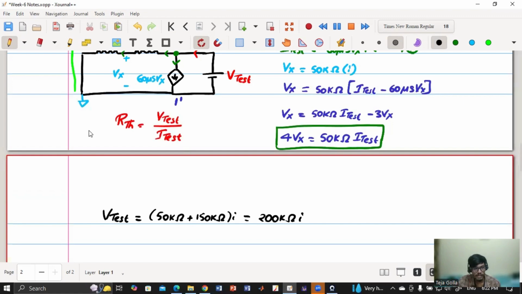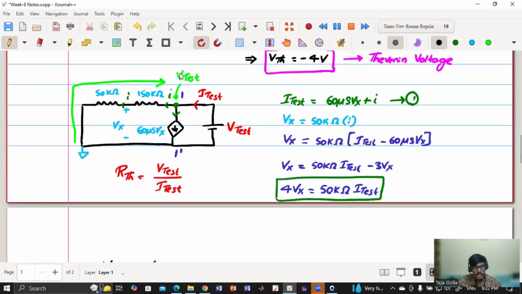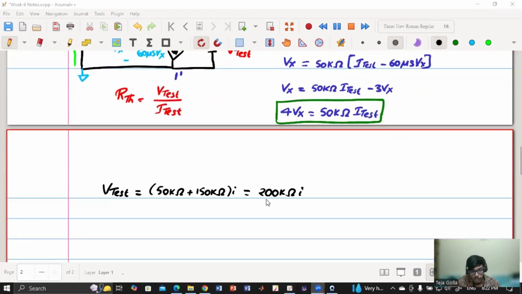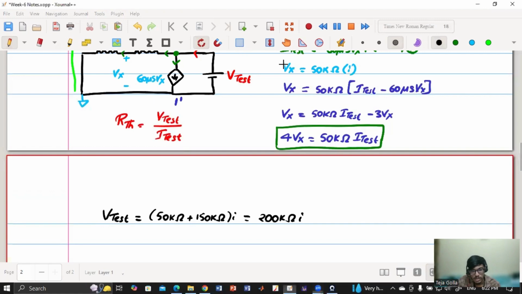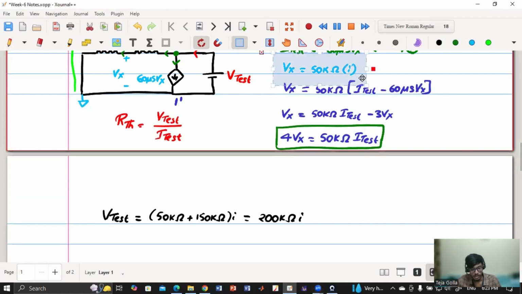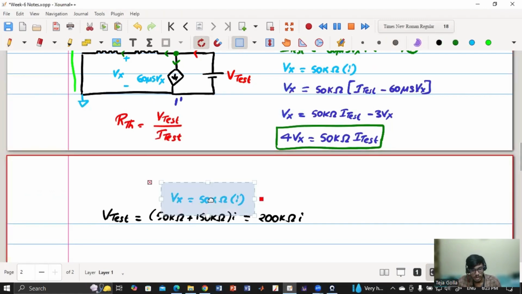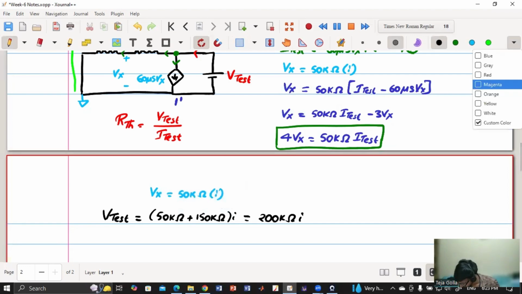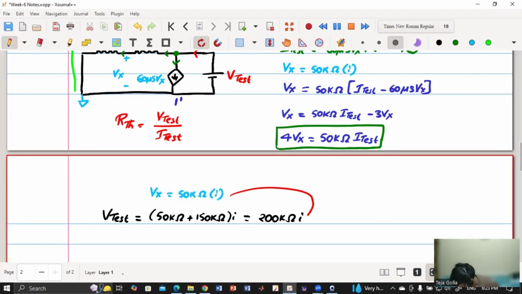I have just applied KVL in this way and calculated V test in terms of this resistance multiplied by current. Simple and straightforward. Everyone agree? Yes, sir. Okay. So if you substitute the value of I in this equation, what will you be getting?